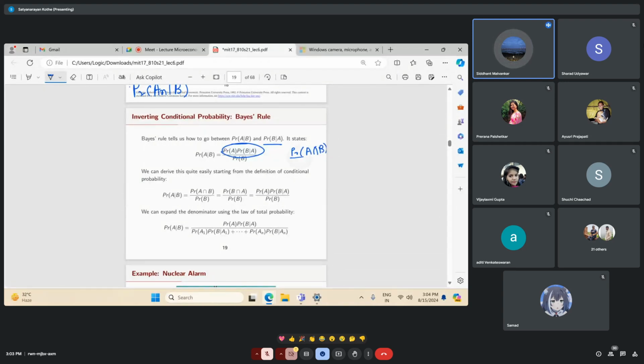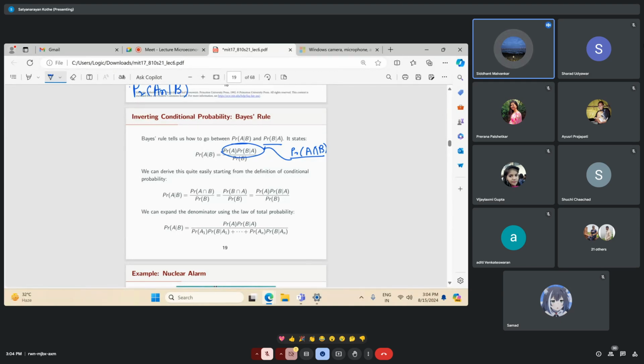Now we have defined the probability of A intersection B as this. Okay? The probability of A times the conditional probability of B given A. And similarly you can define it for B also. But here we will define it for the conditional probability for one only.